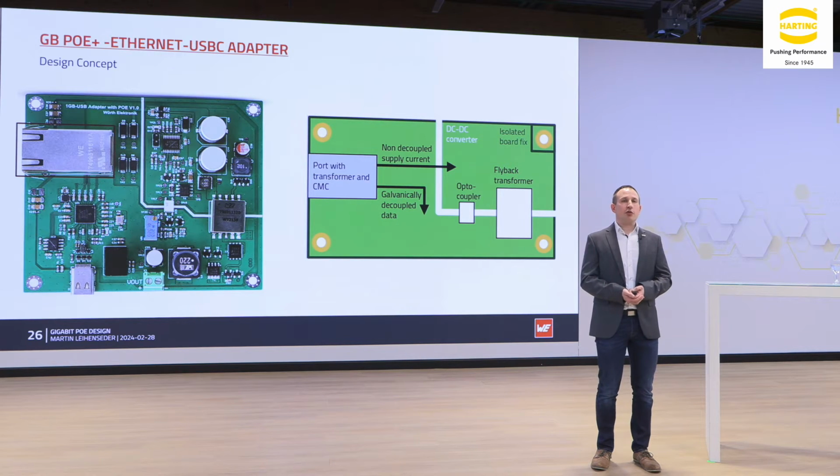Here is the RJ45 LAN transformer, and as the cable is plugged in here, we start with that. Here you can see the chip. This is the media converter from the RJ45 LAN signals to USB-C.